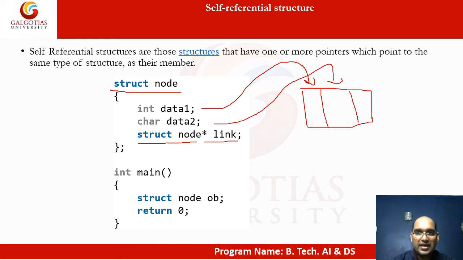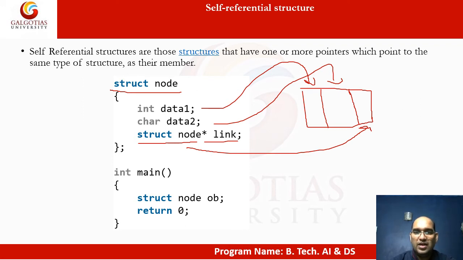And the third value is actually a pointer, which will store an address, and that address will be of struct node structure type. So what we are not doing here is defining the complete structure. We are just reserving one space to store the address of a struct node type structure. Got this point? So this is called the self-referential structure.